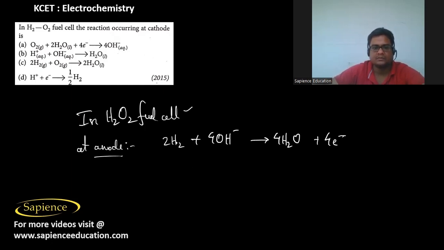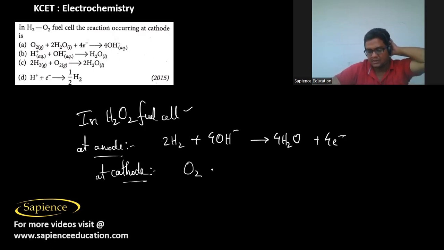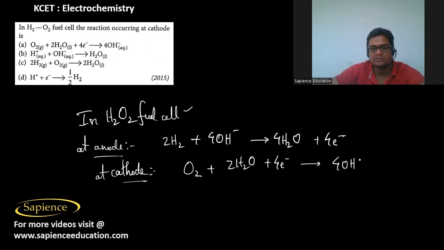So the hydrogen will lose 4 electrons, and at the cathode there will be reduction, the oxygen will be reduced to hydroxide ions. So O2 plus 2H2O plus 4 electrons will give 4 OH minus ions.